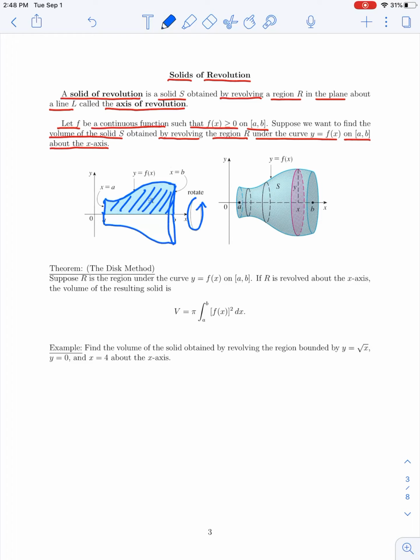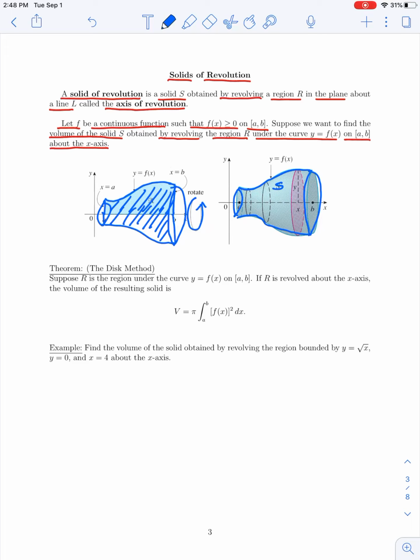So revolving that region about the x-axis, we have now a solid region shown in more detail here in this figure. And our question is, what is the volume of this solid?